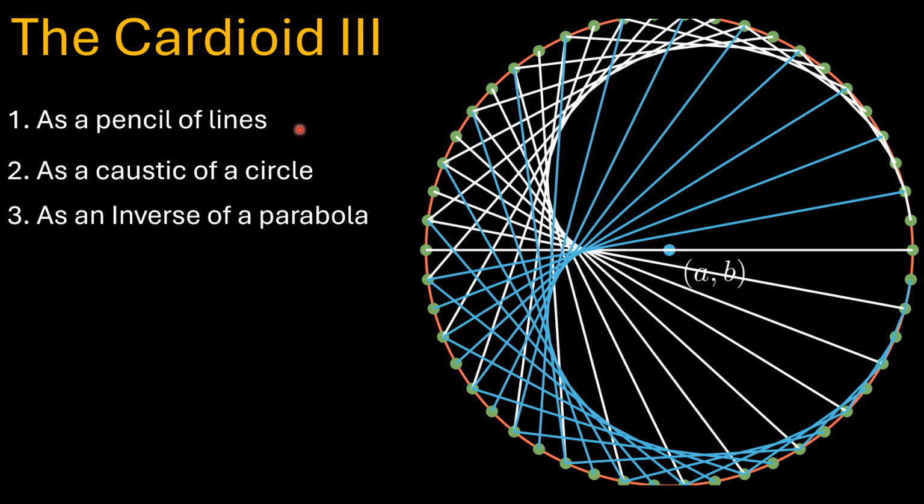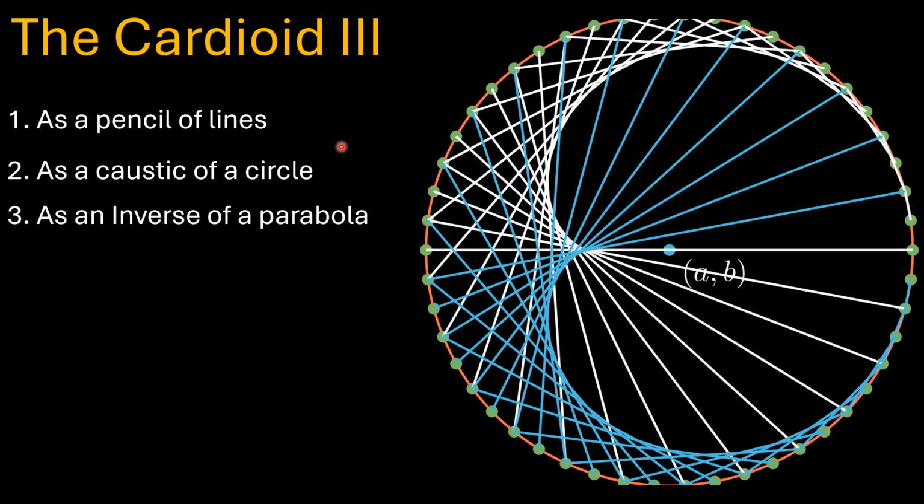So if you have one point where multiple lines cross each other or merge or might even diverge from, that point is a pencil.